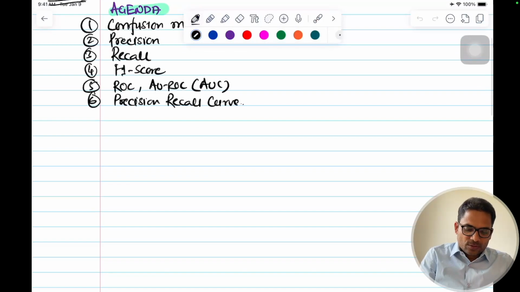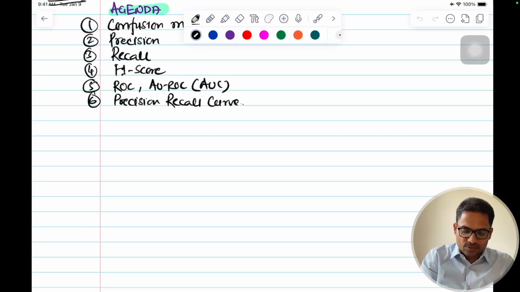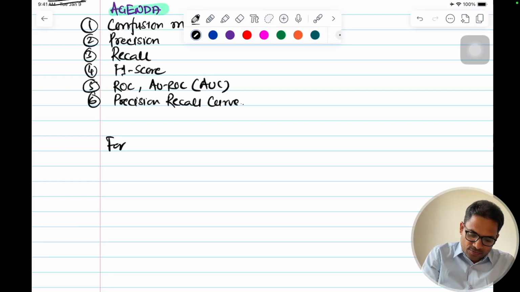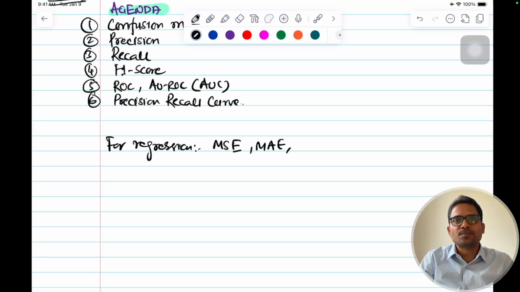So once the machine learning model is ready, we need to evaluate how it is performing on the test or unseen data. When you have regression kind of data, the metrics are different. For regression, we use the mean squared error, that's the most common one, and then we use mean absolute error also.